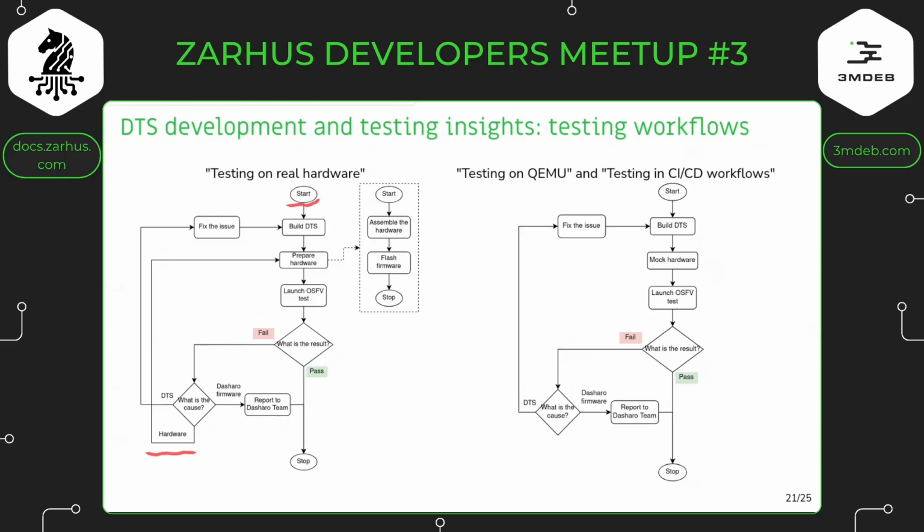The standard testing and development workflow before the changes looked like this: we do some changes, build the test, prepare hardware, which by itself, if done one time, takes around 90% of a developer's time, and then launch OSFV, as it is a testing framework in the Dasharo universe, and hope the hardware will not cause any problems during testing that will cause false positives or false negatives.